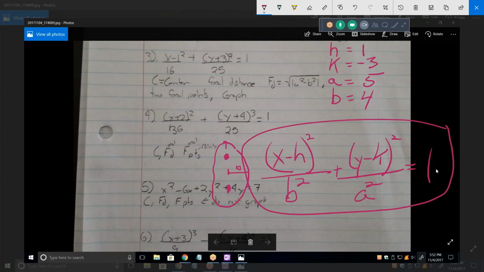These 2 foci have tremendous significance in terms of their reflective values. If I fire a tennis ball from that focus, it automatically goes to the other focus no matter where I fire it. I can fire that tennis ball at that point and it goes to that focus. I can fire it at that point and it goes to that focus.